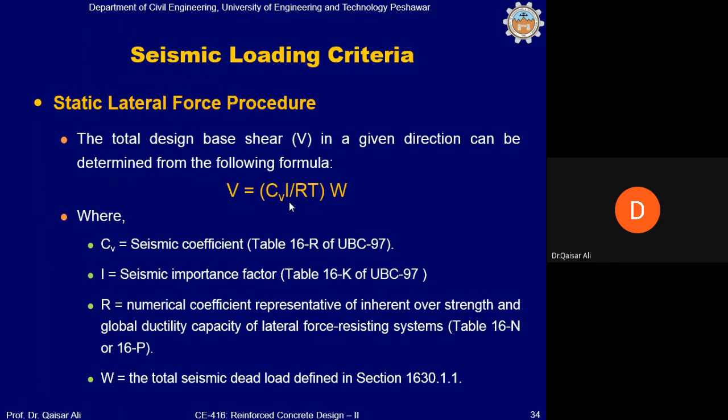If it is a steel structure, then steel has a lot of capability of undergoing inelastic deformation in several cycles during an earthquake without being damaged. So the R factor will be high for a steel structure, and base shear will be less for that structure.